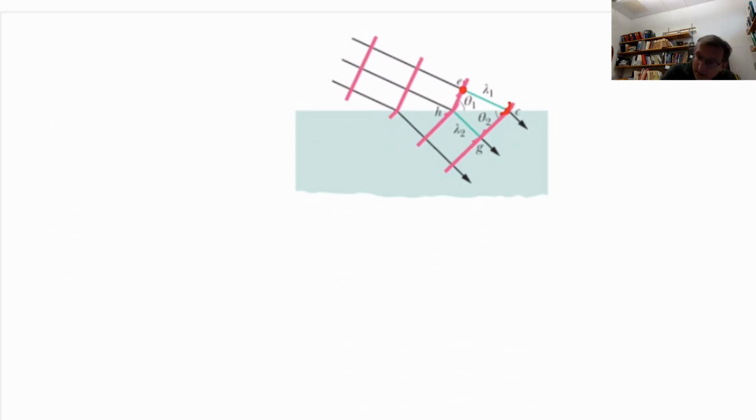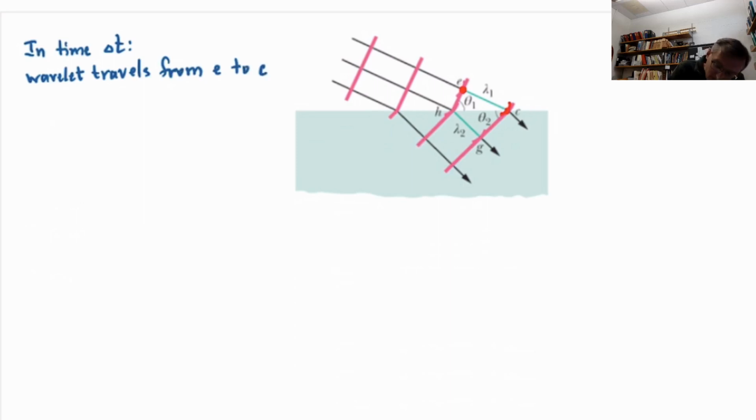So, in the time interval delta t, we have a wavelet that travels from point E to point C. And the time it will take, delta t, is the distance between those points, lambda 1, over how fast it's going in medium 1, v1.